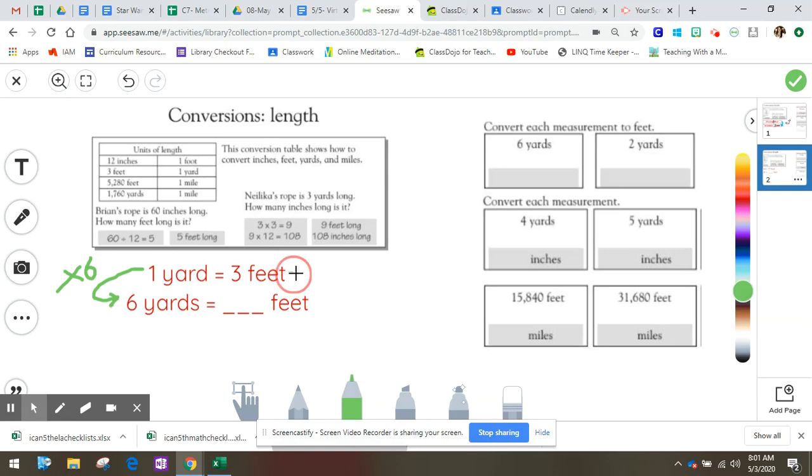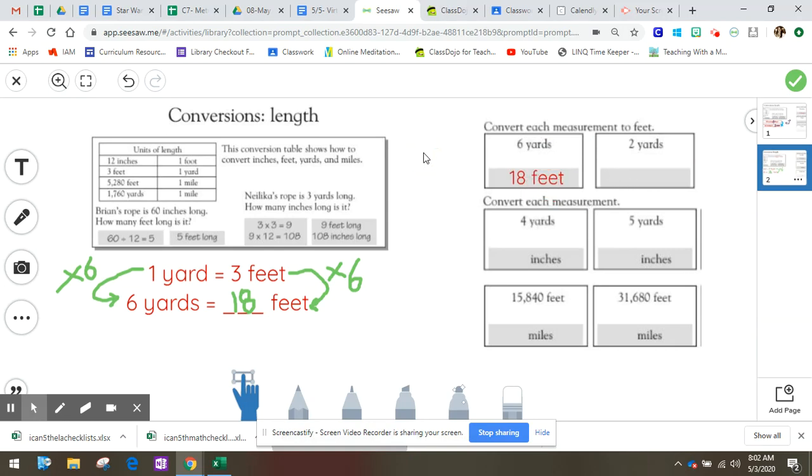So then on this side, I'm going to have to take 3 and times it by 6. And then 6 times 3 is 18. So then I'm going to go over here, write 18 feet, and then move that here.